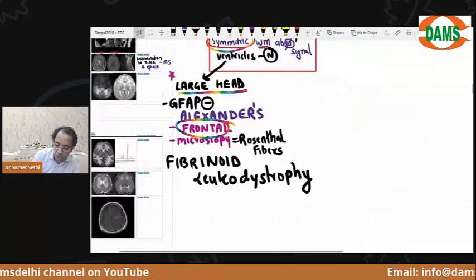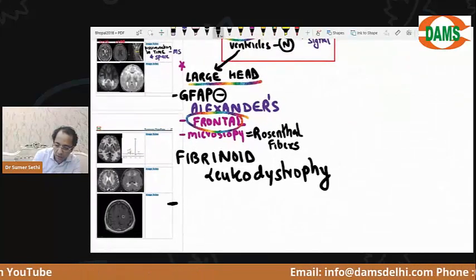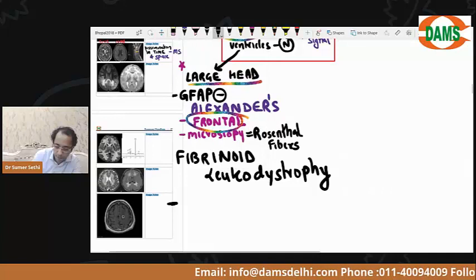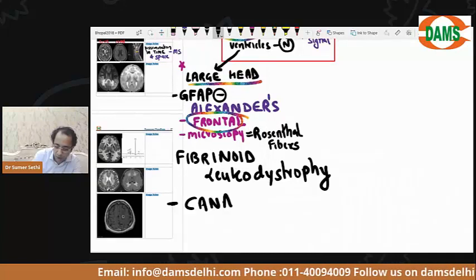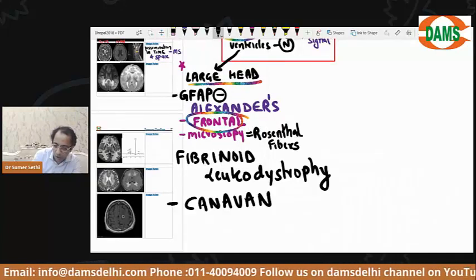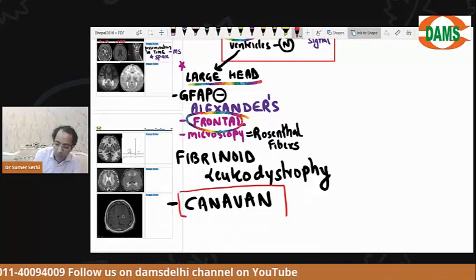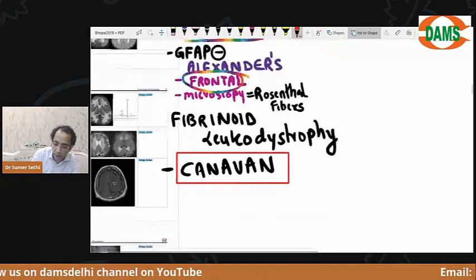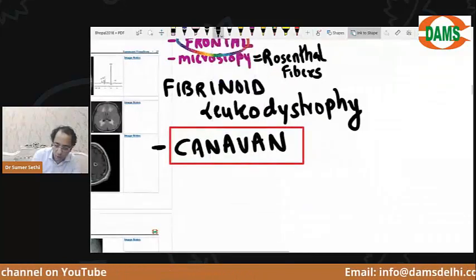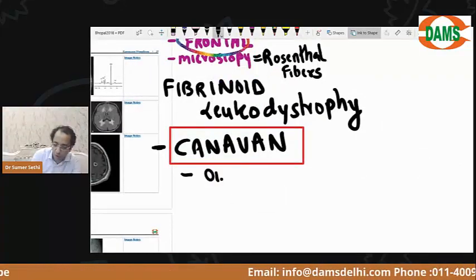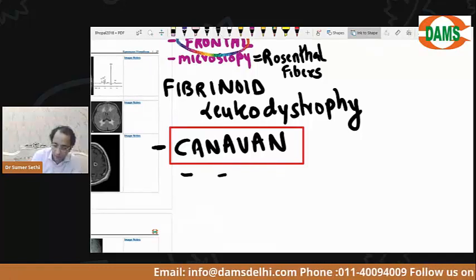Another disease which will lead to a large head is Canavan's disease. But mind you, Canavan's will have diffuse involvement of the entire white matter.